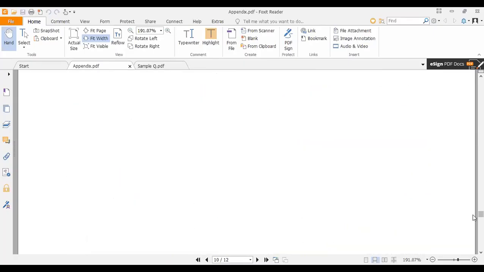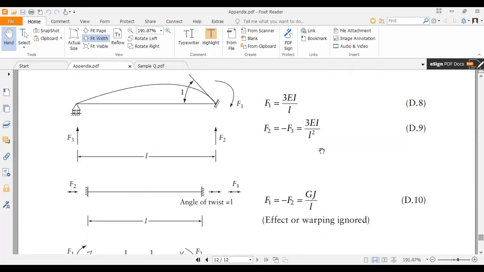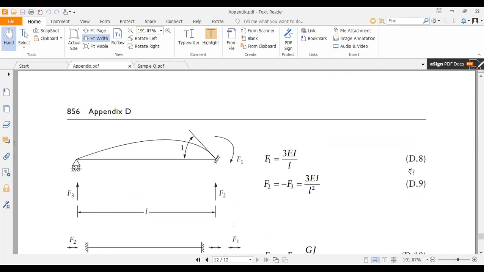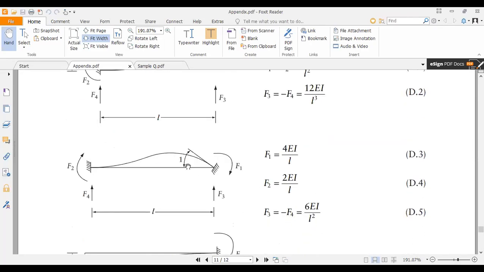So how to take this direction? Actually, it's given in the appendix, right? So can you see? Here you are giving a unit rotation. At that point, you have 4EI theta over L moment.